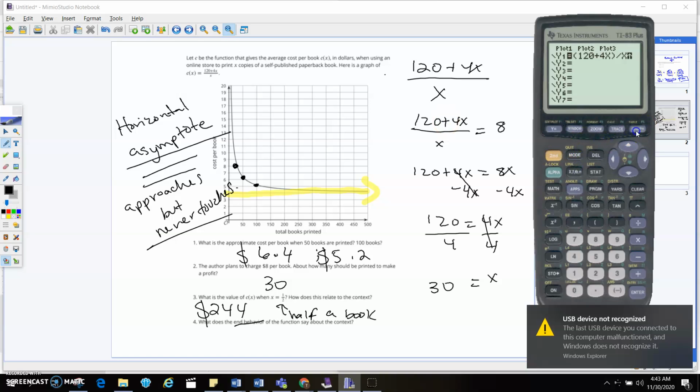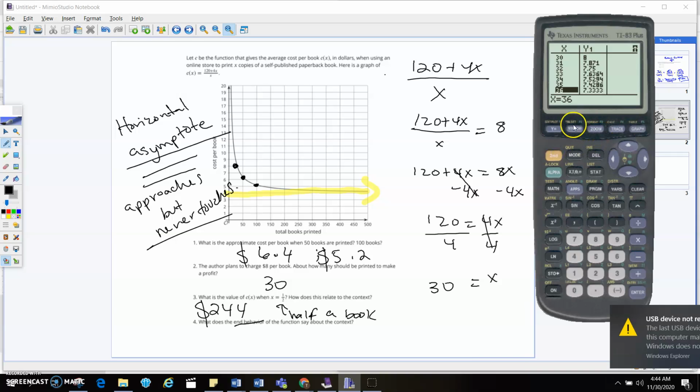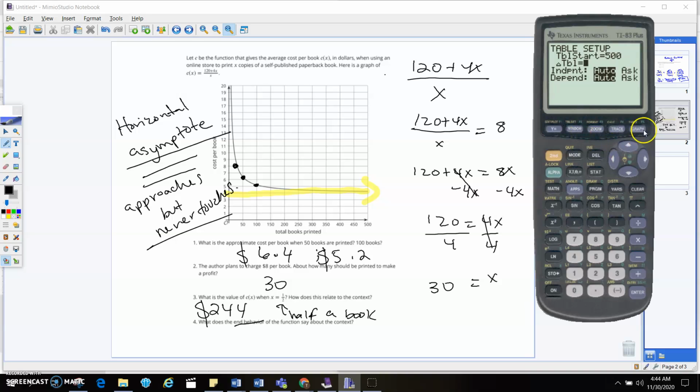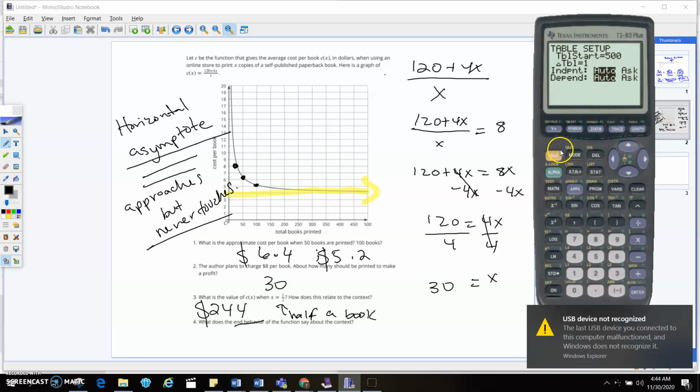And if I go into my table, you might have to change your table set. Let's go to 500. So it's getting really, really close to 4, but never actually touching 4.